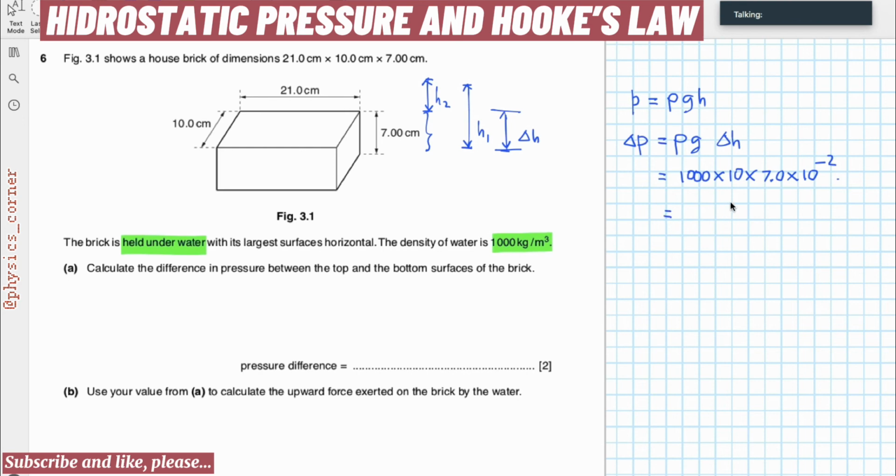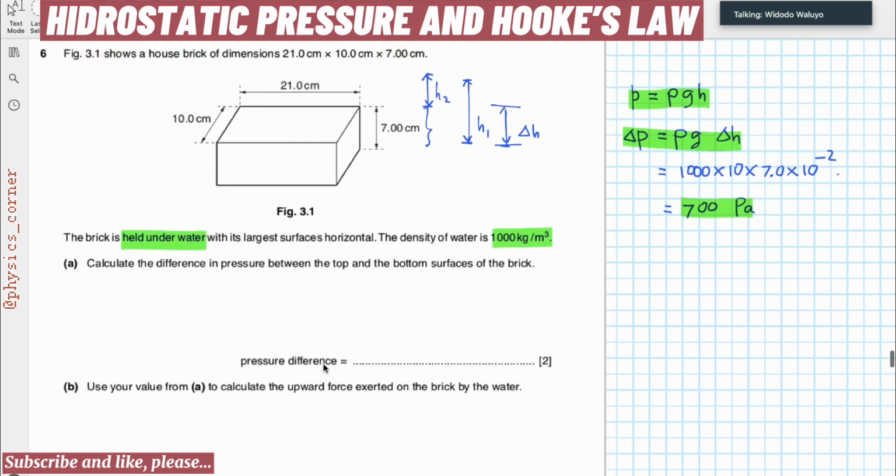So this is 700 Pascal, or Newton per meter square. The answer is 700 Pascal, the pressure difference.